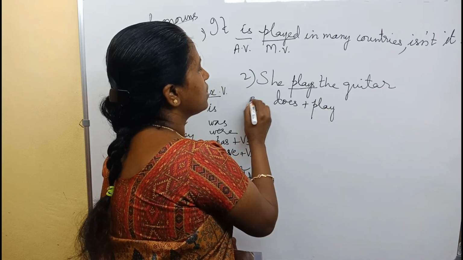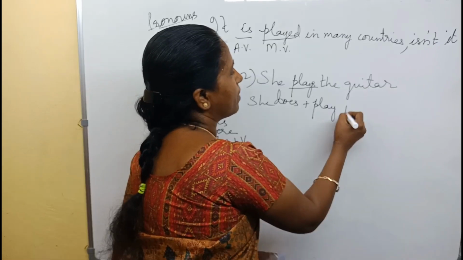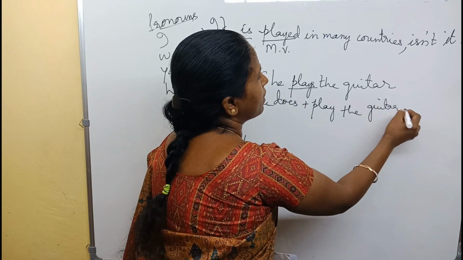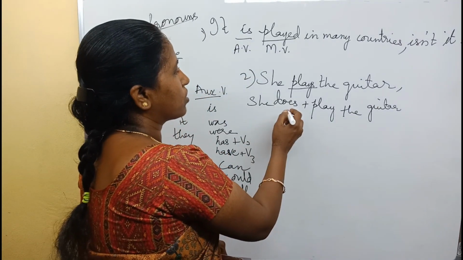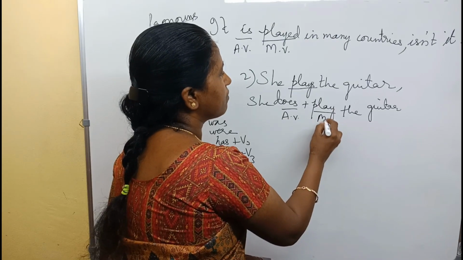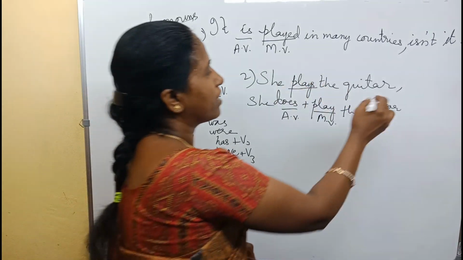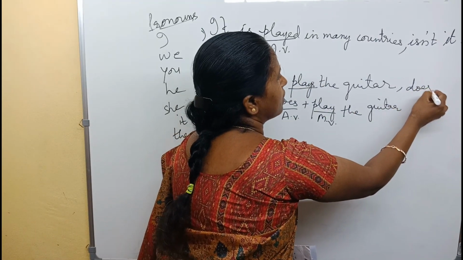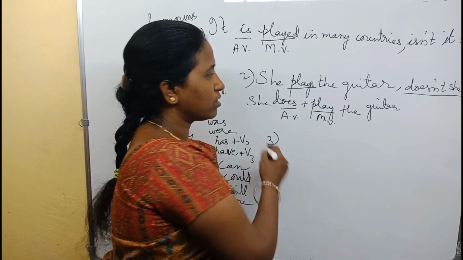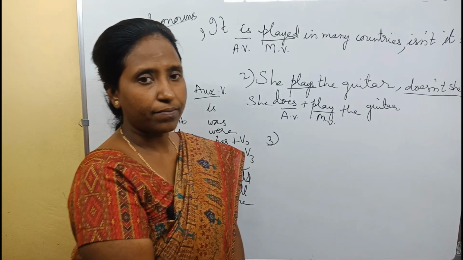That means the sentence is: she does play the guitar. Our auxiliary verb is does and play is our main verb. So what will be our question tag? Doesn't she? Okay, so we will go to the next example.